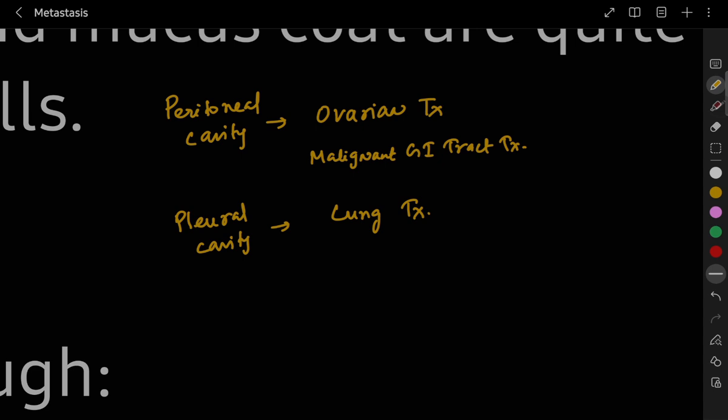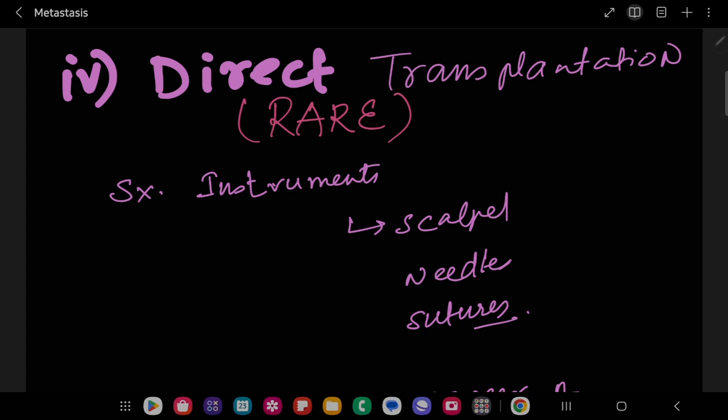Mostly, I am summarizing here that ovarian tumors and malignant GI tract tumors, these two will be affecting the peritoneal cavity, and the lung tumors that are peripherally situated will be affecting the pleural cavities.